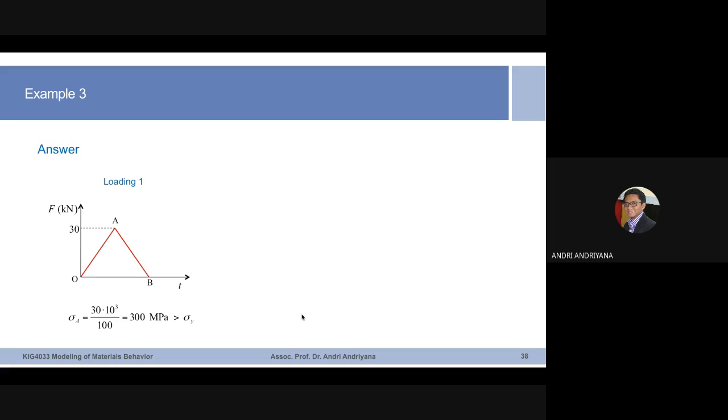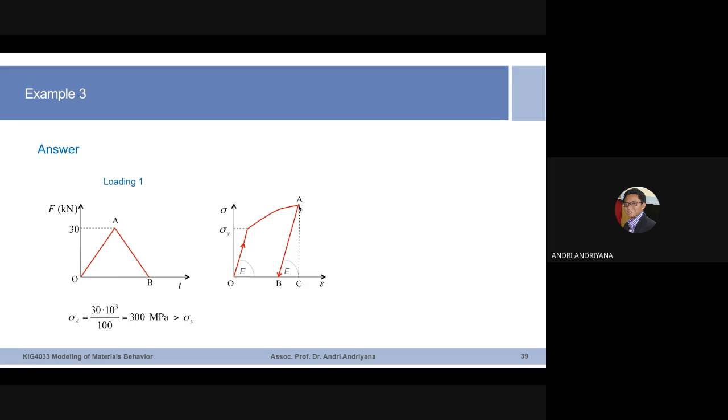So when I return from A to B, it means that I need to bring the material back to 0 stress. 0 force means 0 stress. And this is what we will get. It starts from point O here, 0 load, 0 force, 0 stress. Bring to point A, so this is the yield strength. So you will exceed the yield strength to point A, okay?